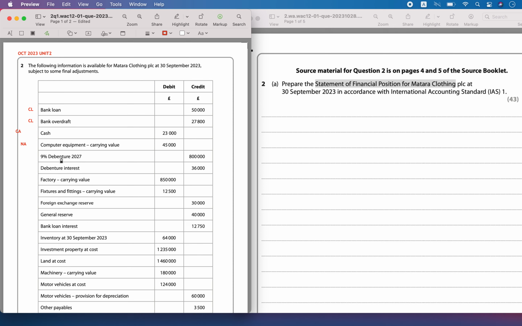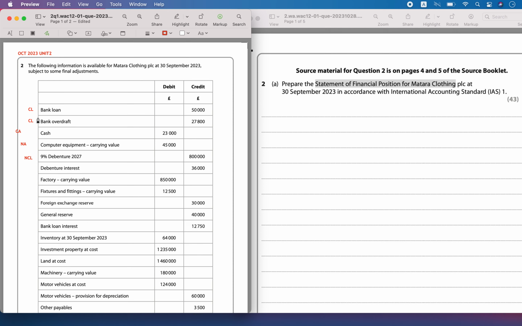So this is not due this year. This is like a loan, so I am going to classify it as a non-current liability. Then you have the debenture interest that needs to be paid every year, within this year.